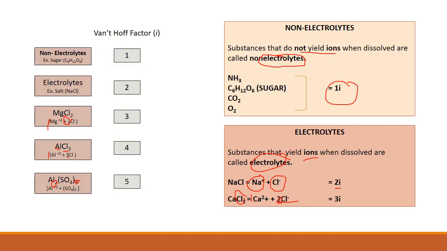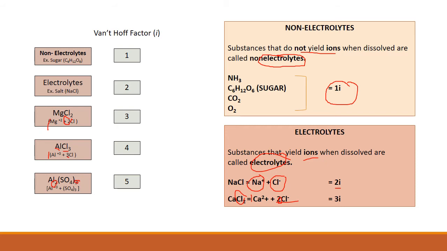This is how we are going to compute our dissociation factor. We are going to use the Van 't Hoff factor, which has the symbol i. Remember that for a non-electrolyte, we use 1 for the Van 't Hoff factor.